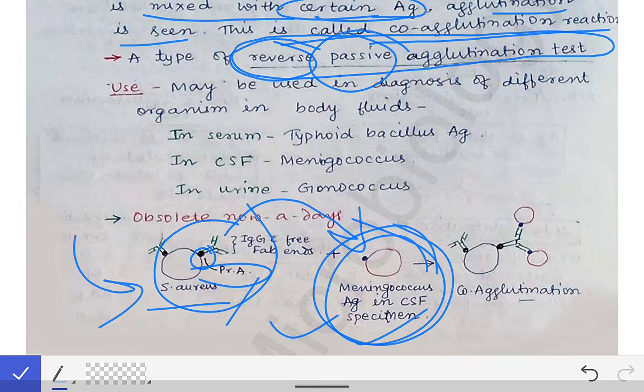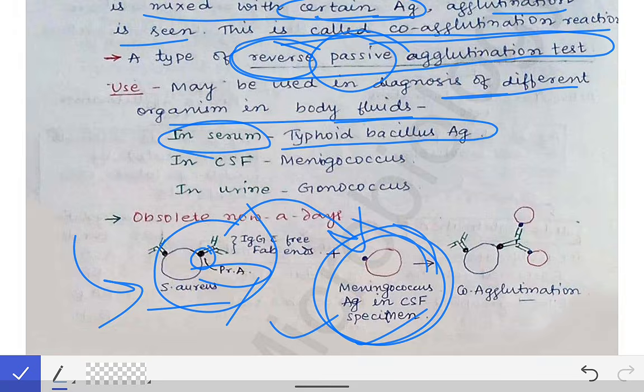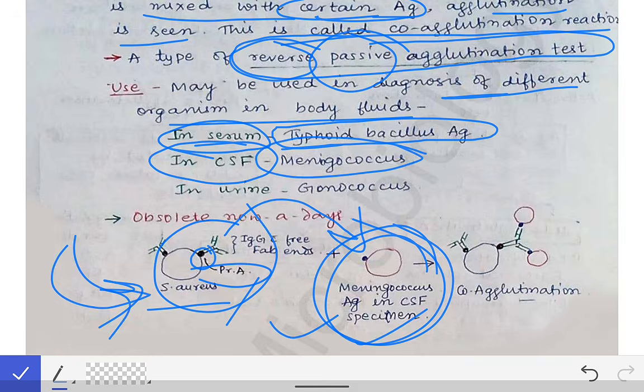Now, what is the use of this co-agglutination reaction? It may be used in the diagnosis of different organisms in the body fluids. In serum, it can be used to detect the typhoid bacillus antigen. In the CSF, it can be used to detect the meningococcal antigen, like in our example.